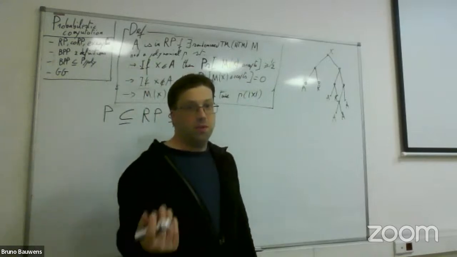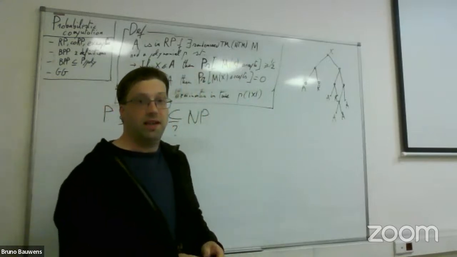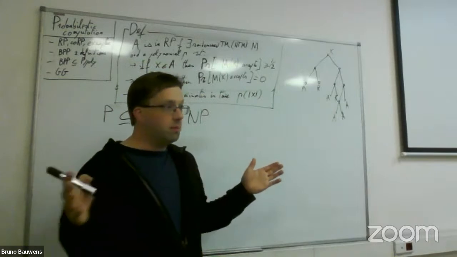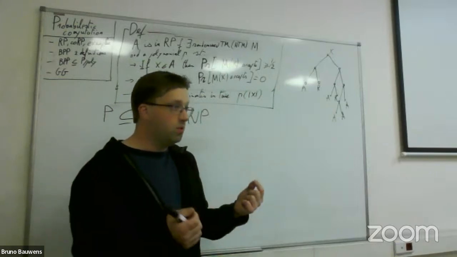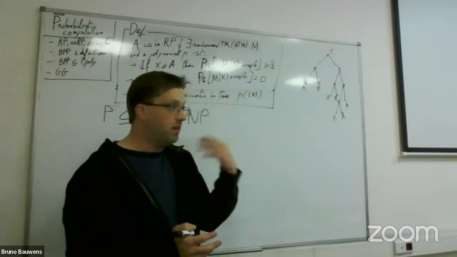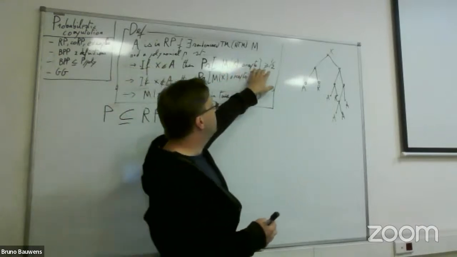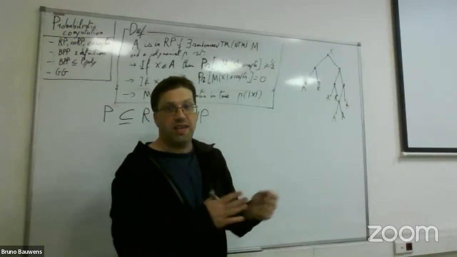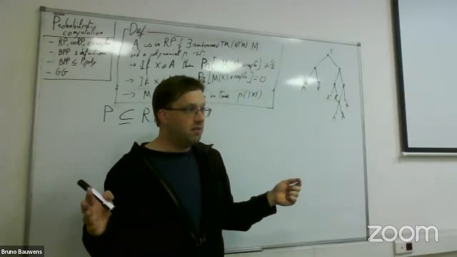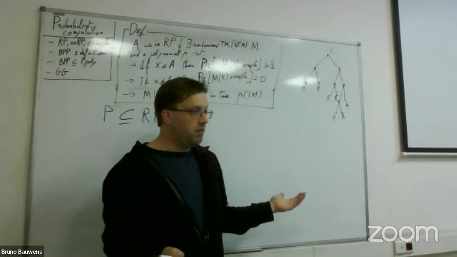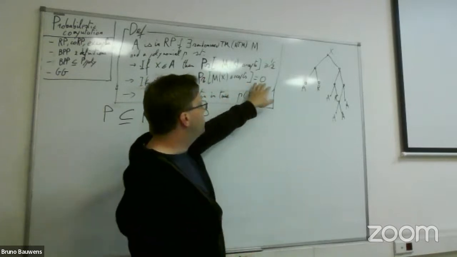If in one of these repetitions the machine accepts, you know the answer. You can stop and be sure that X is in the language. However, if you have k times reject, then you can say let's reject it.